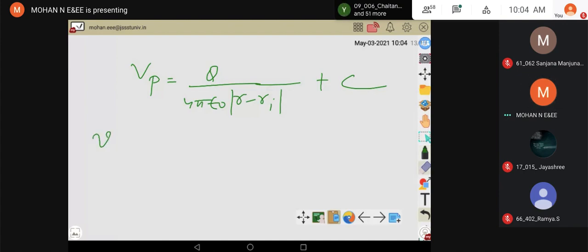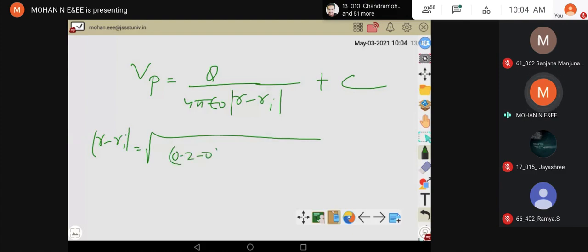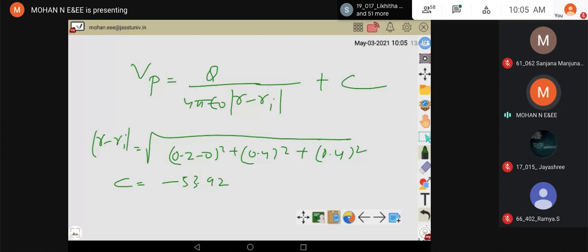Here r minus ri is the square root of 0.2 minus 0 squared, 0.4 squared, plus 0.4 squared, which is 0.6. And here C is solved to be minus 53.92. Solve for Vp.